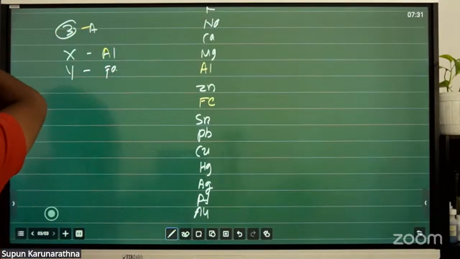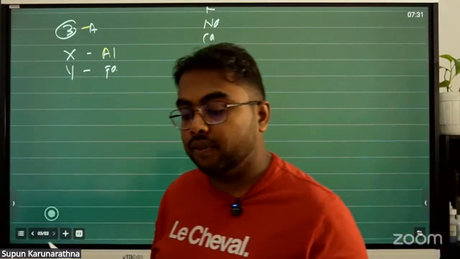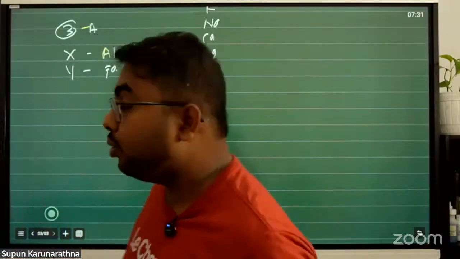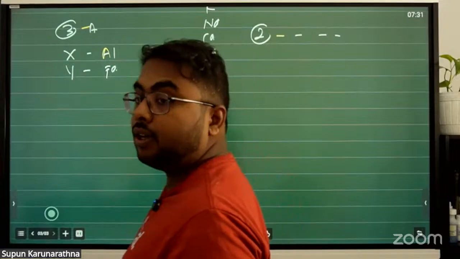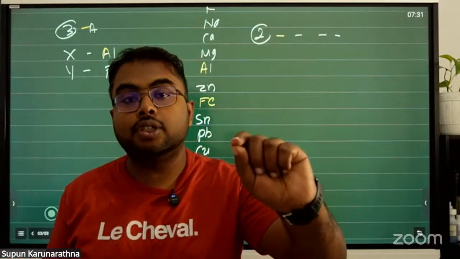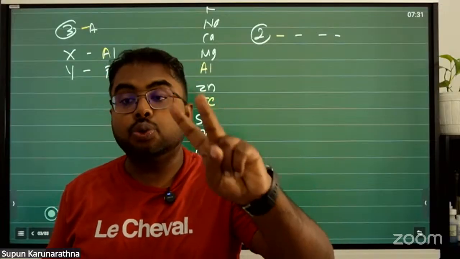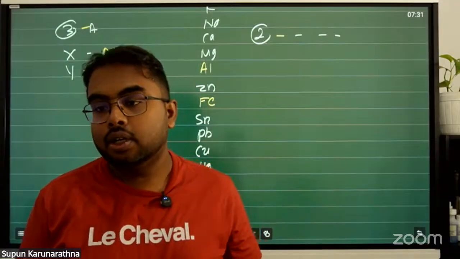Before that, can you put your marks for the previous question? In question number 2, count your answers. Every blank is given 1 mark. If the question asks you to write 2 reasons, that means 2 answers, then you can give 2 marks.